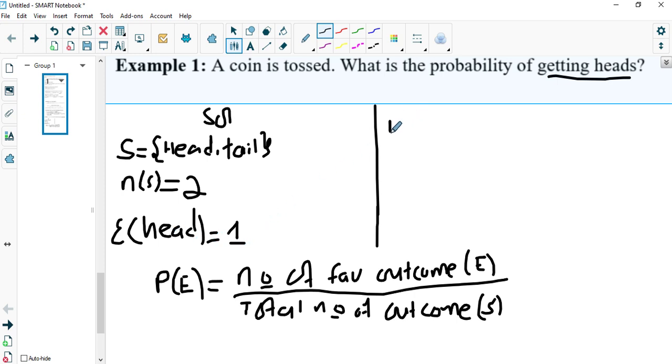Let me summarize like this: the number of our favorable event, which is the head, is equal to 1. The same thing that is here.